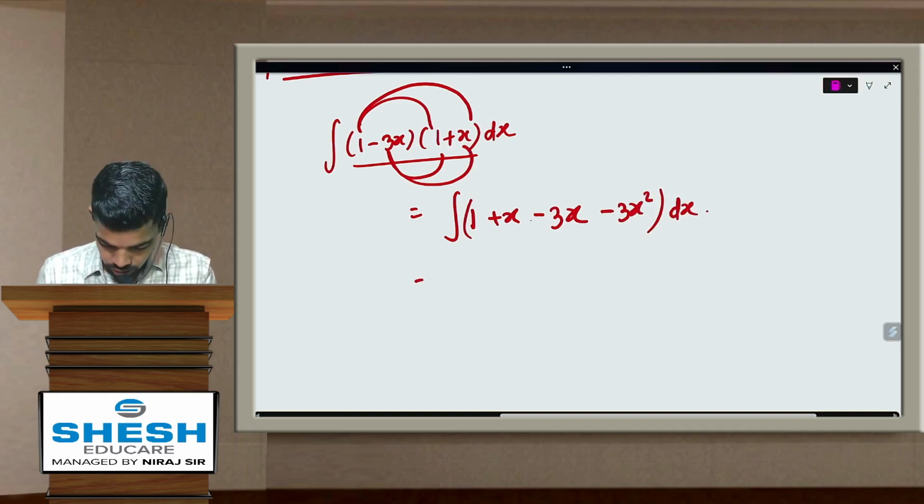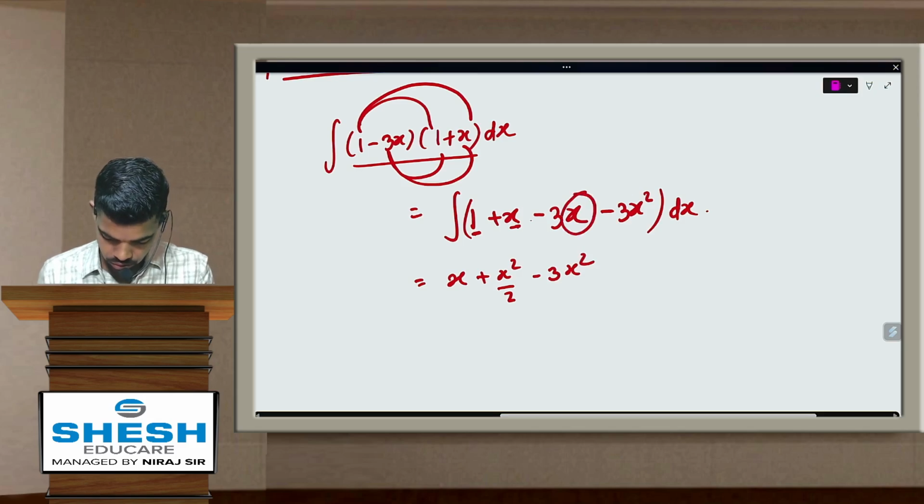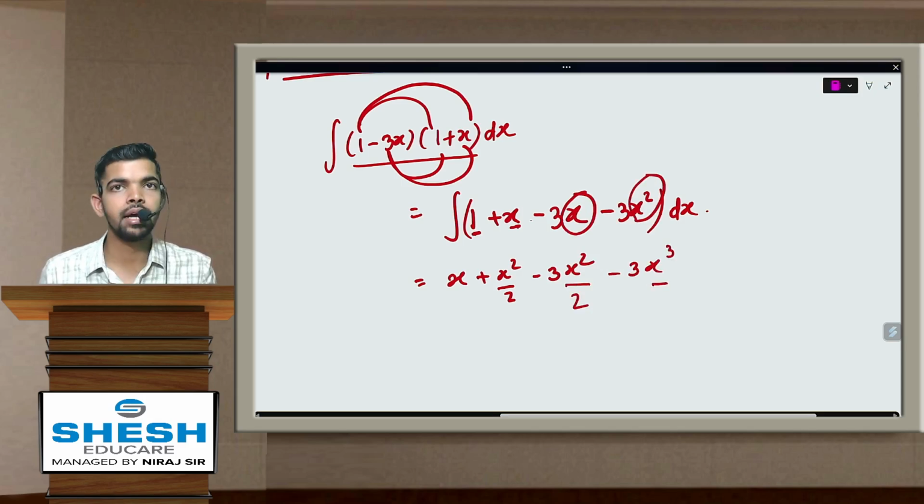Now take the integration. What is the integration of 1? x. The integration of x is x square upon 2, then minus 3x, its integration is minus 3x square upon 2, minus 3x square, its integration is x cube upon 3, plus c.